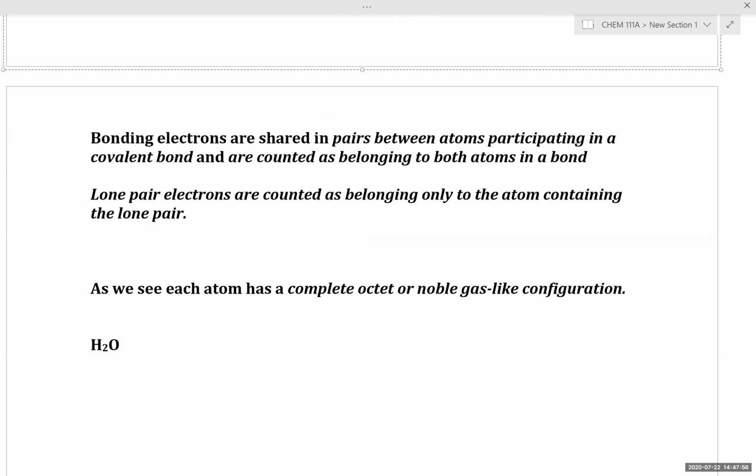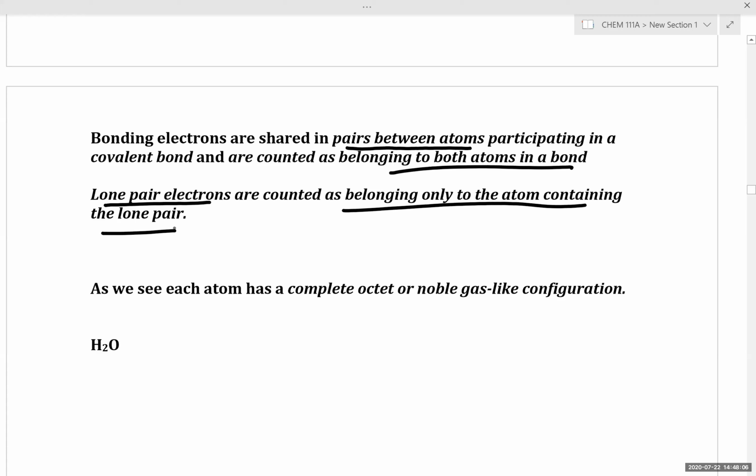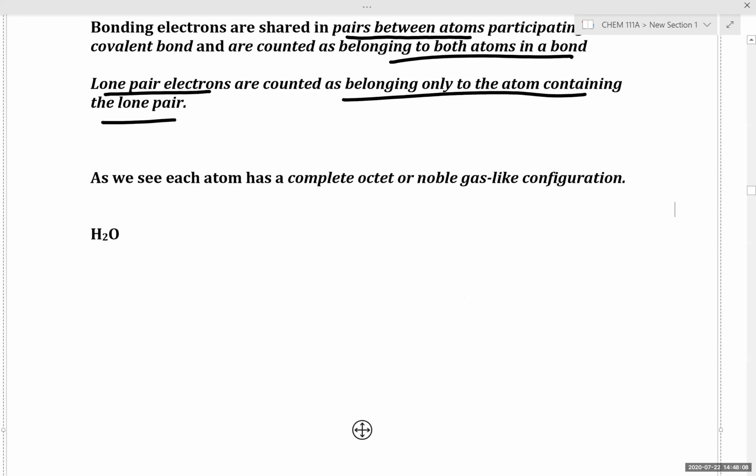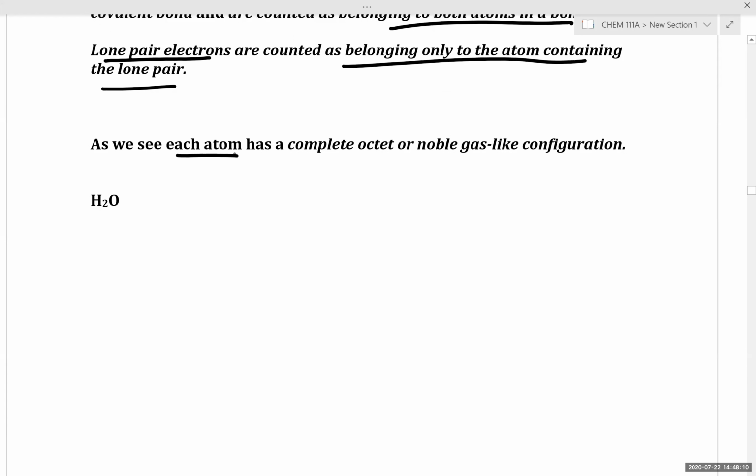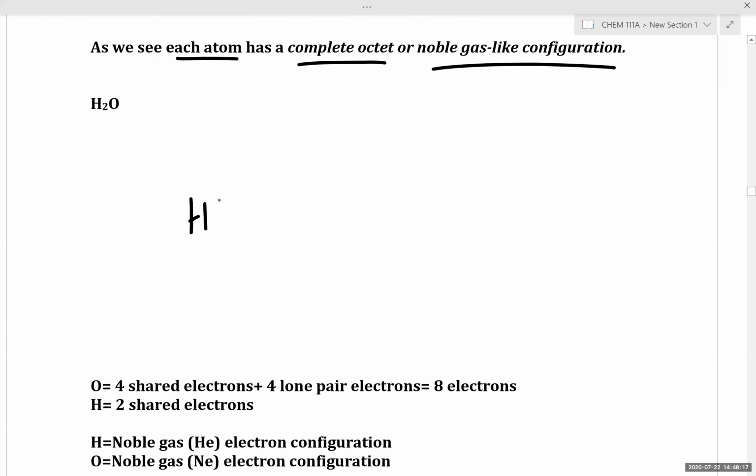Now, bonding electrons are shared in pairs between atoms, and they're counted as belonging to both atoms. Lone pair electrons are counted as belonging only to the atom containing that lone pair. And as we saw for water, each atom has a complete octet or a noble gas-like configuration. Water, drawn in the line notation, would look something like this.